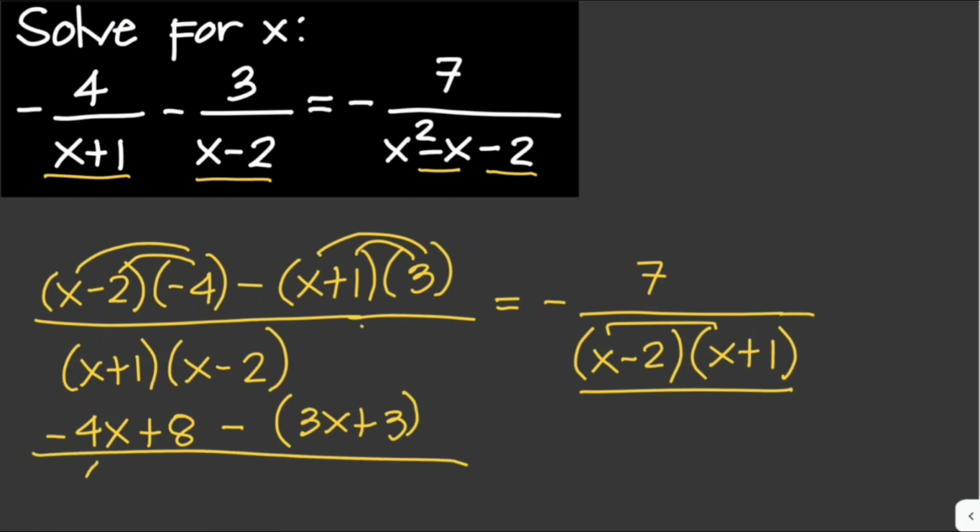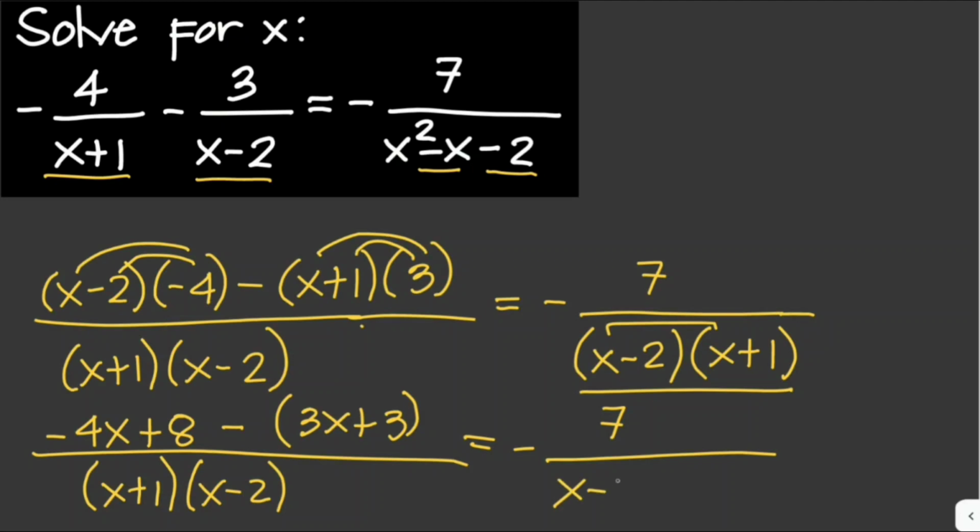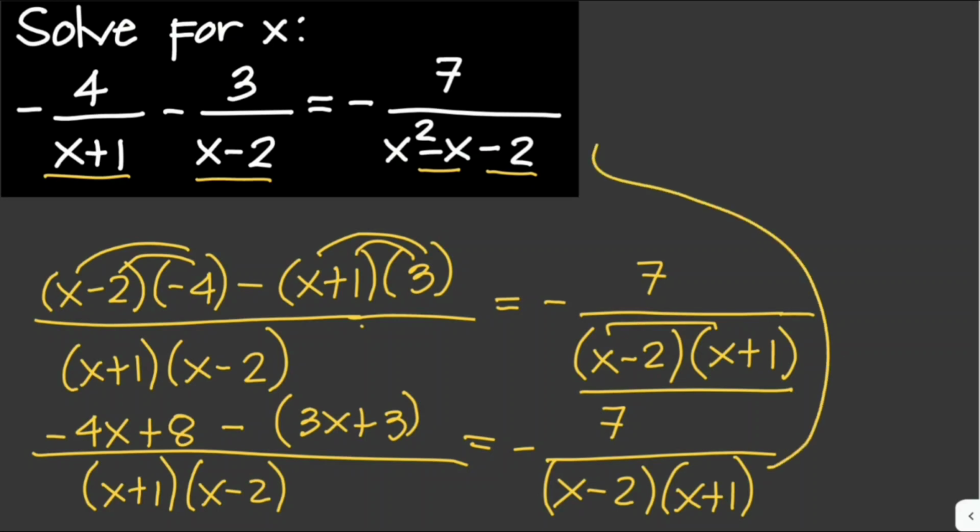Over x plus 1 times x minus 2 equals negative 7 over x minus 2 times x plus 1. Then simplifying this further, we can group like terms: negative 4x and negative 3x, because this would become negative 3x.